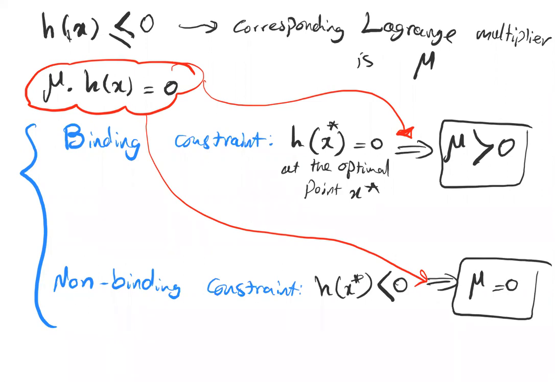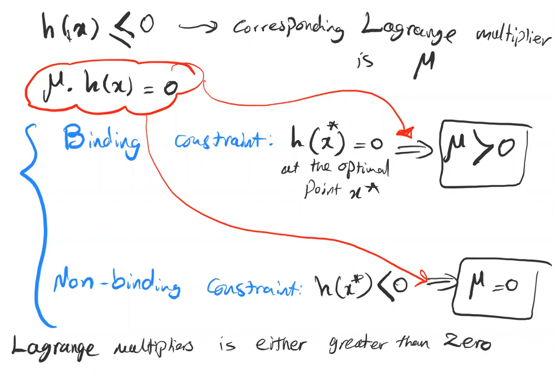So what we can conclude is that the Lagrange multiplier for an inequality constraint is either greater than 0 or equal to 0. If it's greater than 0, then it means our constraint is binding. If it's equal to 0, it means our constraint is non-binding.